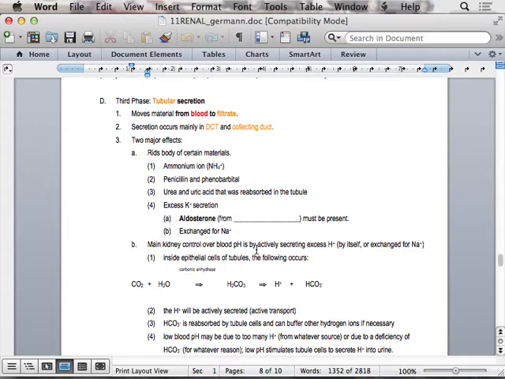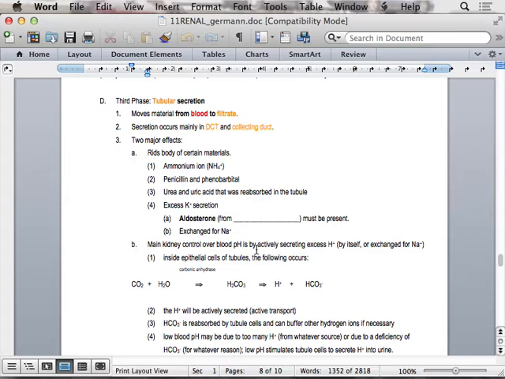Basically, it's moving stuff from blood into the filtrate, and the secretion mainly occurs later. So you did filtration of the glomerulus into the capsule, and then you do reabsorption at the proximal convoluted tubule and the distal, but secretion is mostly later, because you actually had to have time to do filtration and reabsorption before you need to select what to secrete.